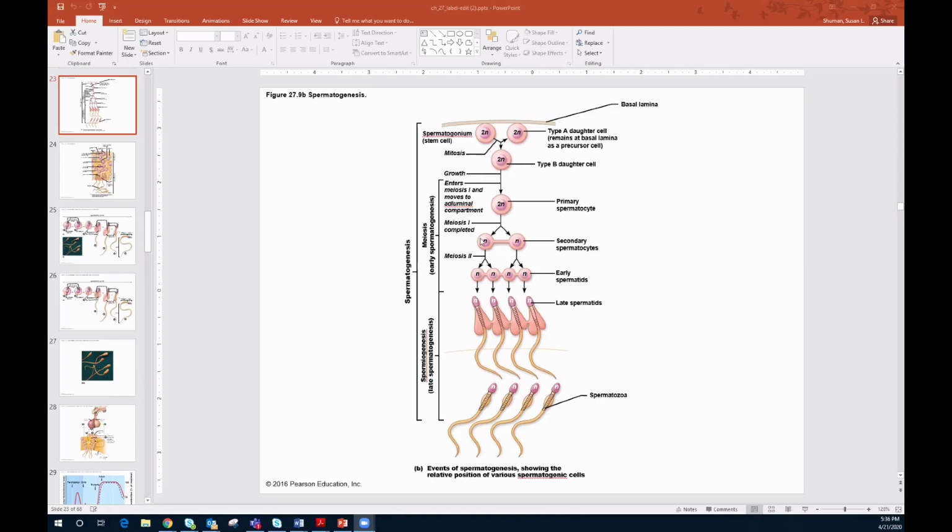So haploid still has double the amount, but still only one mom or dad version for everything. This is haploid, but it has one gene for every single protein we need to make, right? So we've gone from 1 to 2 secondaries to 4 spermatids.